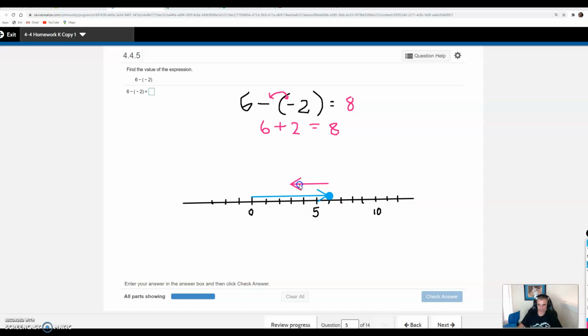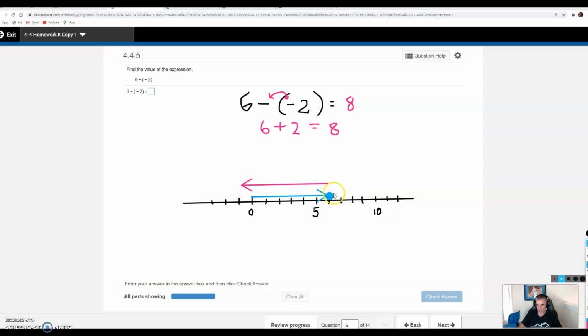So it's almost like I want to move to the left, but I'm walking backwards. I'm putting a car in reverse. Imagine I'm at 6 and we're going to subtract, so I would turn my car around and start driving back the other direction. But because I'm subtracting a negative, I'm actually not driving forward. I'm reversing and moving backwards the other way.